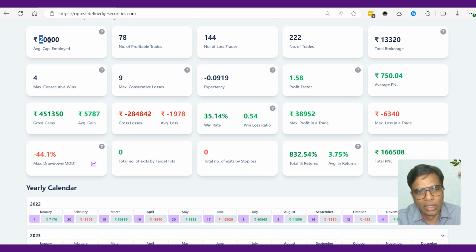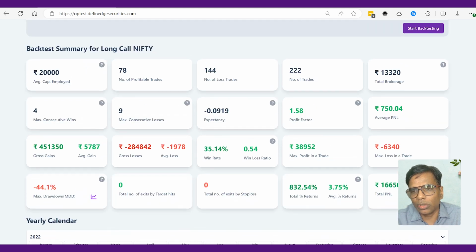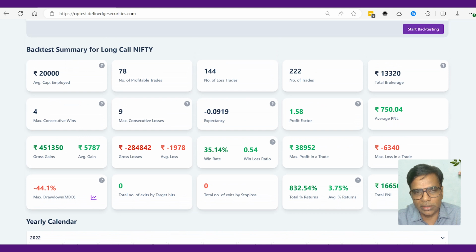This is considering that at any given time we are only putting in 20,000 of capital. Now the average returns is 3.75%. So 750 divided by 20,000 will give average returns. Now total P&L is around 1.66 lakhs. This is over 2 years.